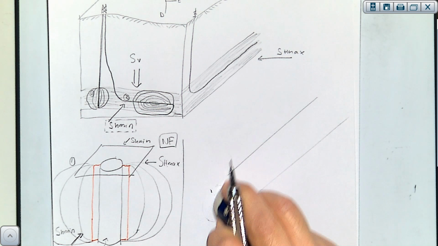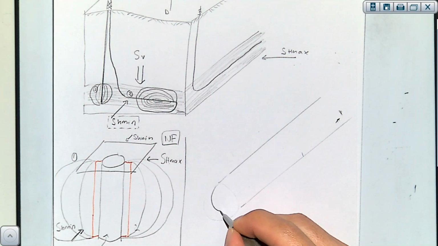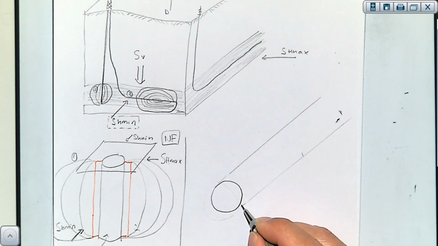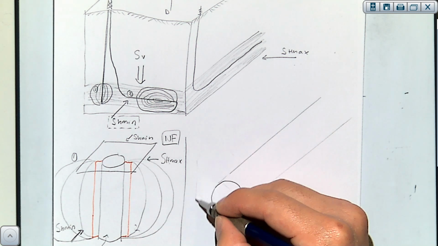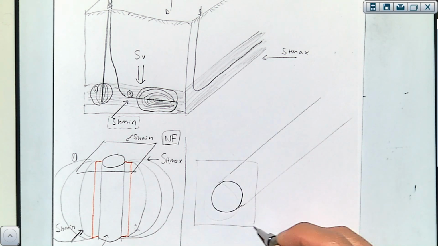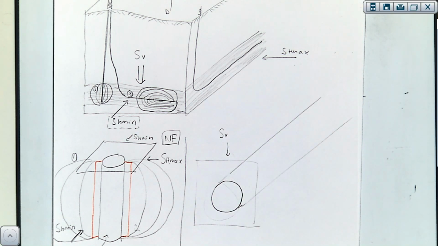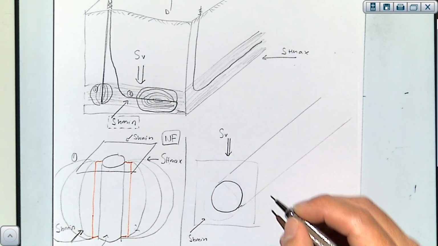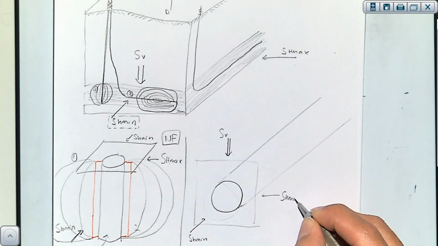And now in this plane perpendicular to the wellbore, I'm going to have SV, and perpendicular to it, I'm going to have SH min, and in this direction, SH max.